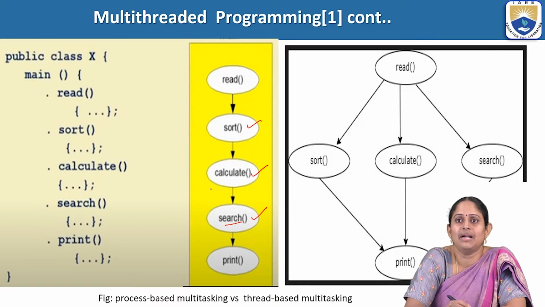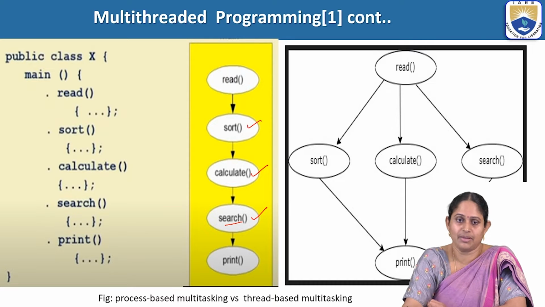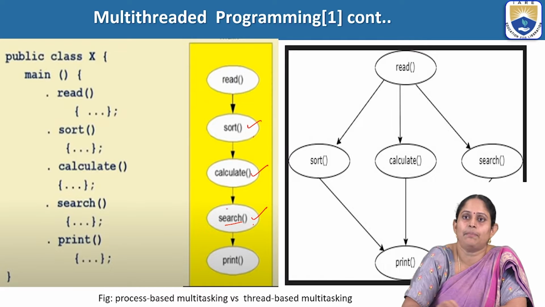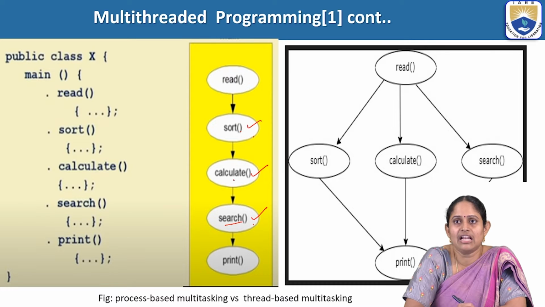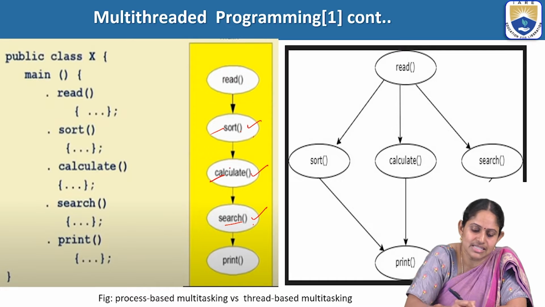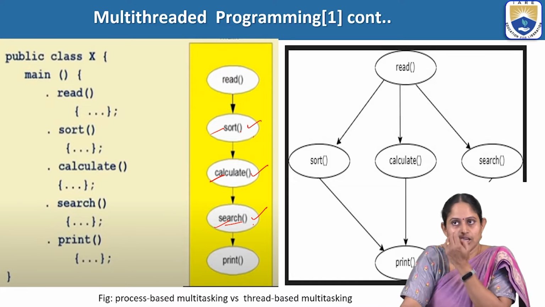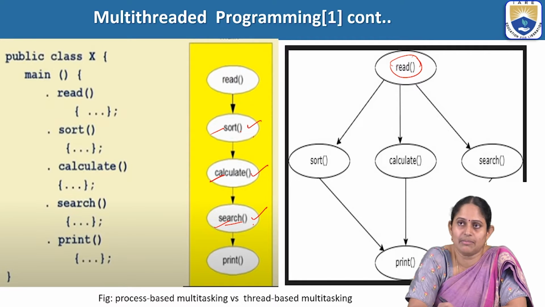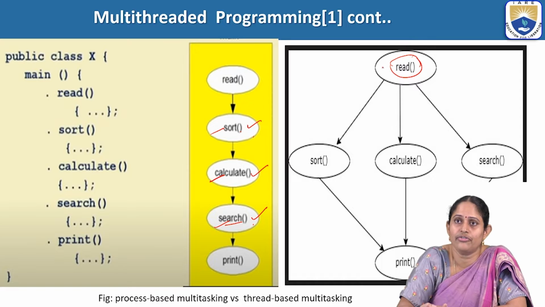If you are not using multi-threaded programming, and are using simple structural programming, these methods work independently. The sort method is nowhere related to finding the sum of the elements. So we can separate these methods and give them to different threads.